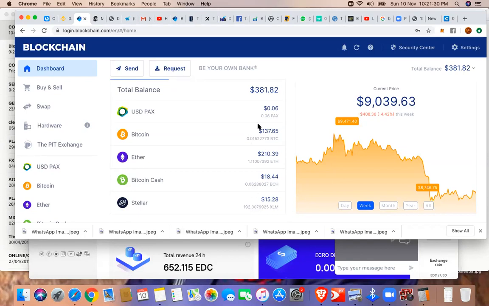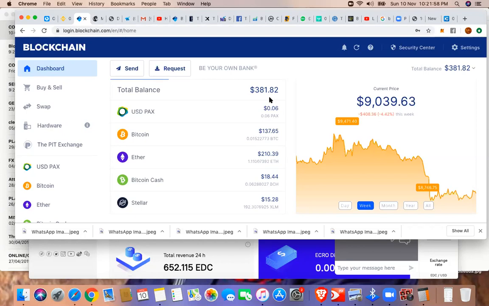Now, don't be surprised one time you come and log into this blockchain that has a total asset of $381. There are times you're going to come. This money, maybe in 1, 2, 3, 4, 5 years, this money will do up to 100,000%.